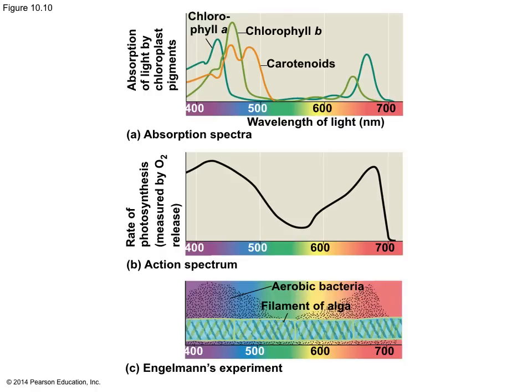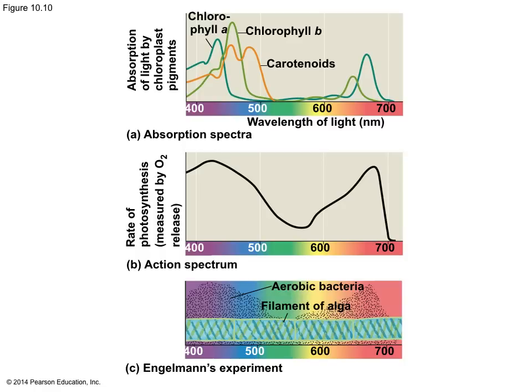So it absorbs the purples and the reds, but it doesn't absorb the greens, and that's because it reflects the greens, and that's why you see leaves as green, if that makes sense.